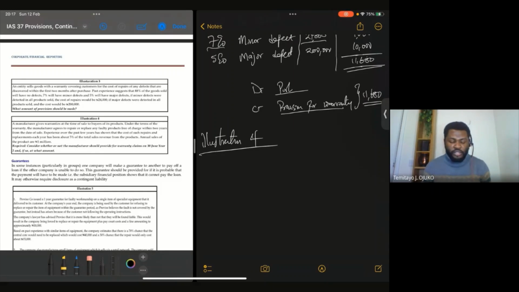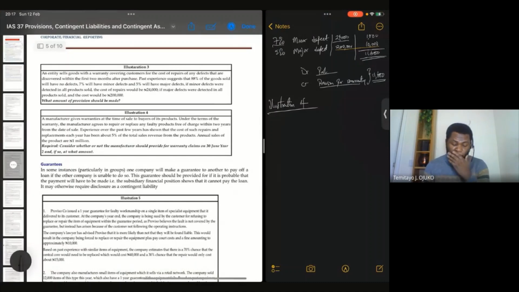Okay, so let's look at the question a bit in more detail. We're told that the manufacturer gives warranty at the time of sale to buyers of its product. Under the terms of the warranty, he agrees to either repair or replace any faulty product free of charge within 2 years.